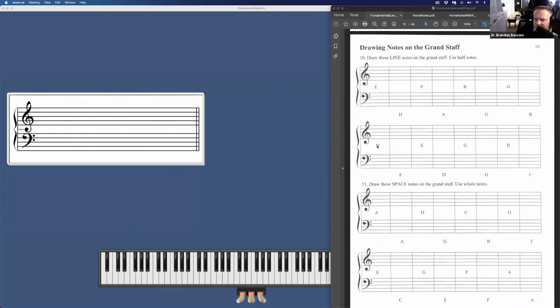All right, so if it's written right here, they want you to put it in the treble clef. If it's written here, they want you to write it in the bass clef below the staff. We're going to do the same thing for part 11 with space notes.